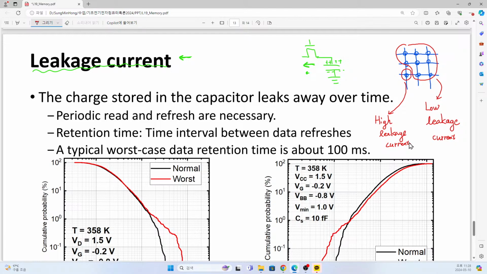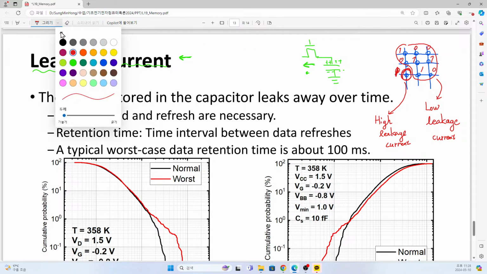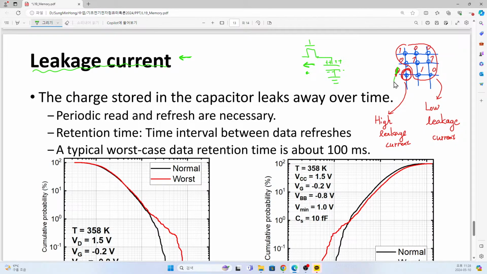If we have 9 transistors and one transistor has a quite high leakage current, then think about this one. You write something: 1 0 0 0 1 0 0 0 1 1 0. After a short time, all your information will be stored as before, but you will find that this original one is flipped into 0.